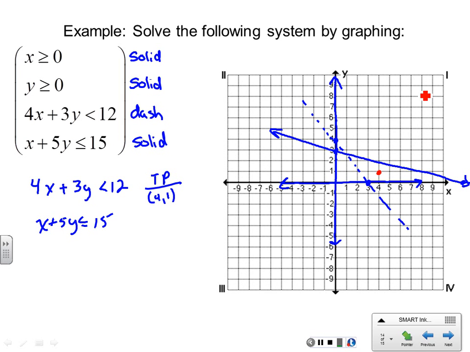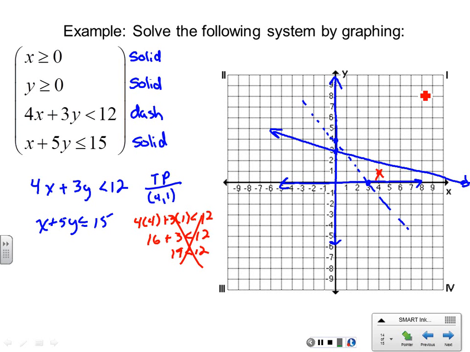We know it's true for the first two, right? It has to be true for the last two. So let's try it in the 4x plus 3y is less than 12. So if we do 4 times 4 plus 3 times 1 has to be less than 12. Well, we get 16 plus 3. So it's not a solution. So we know that's not a possibility.